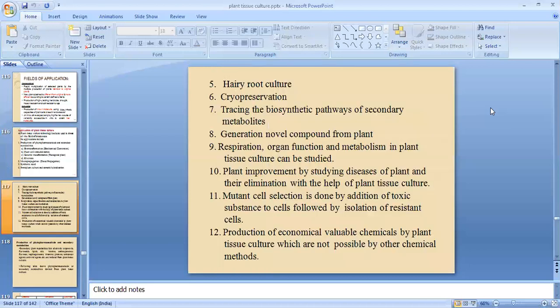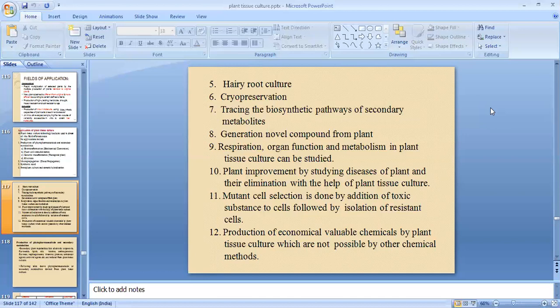Next is hairy root culture, then cryopreservation, tracing the biosynthetic pathways of secondary metabolites, and generation of novel compounds from the plants. The various plant organelle functions can be studied, like respiration, organ function, and metabolism in the plant.